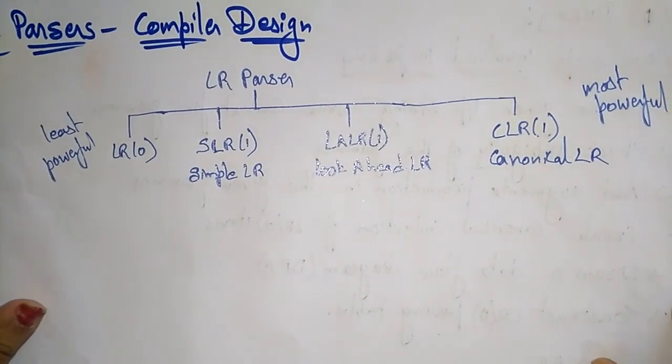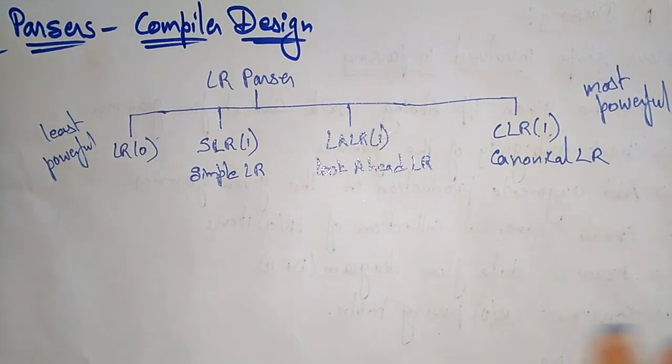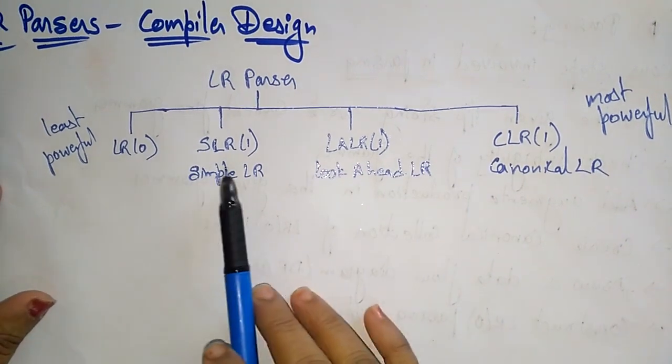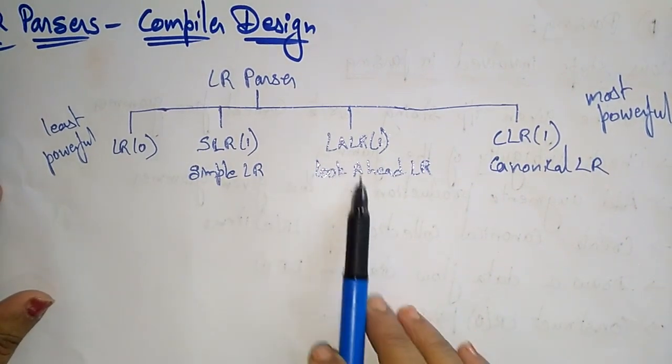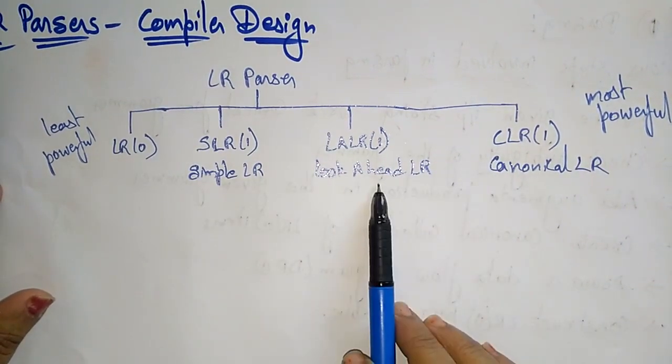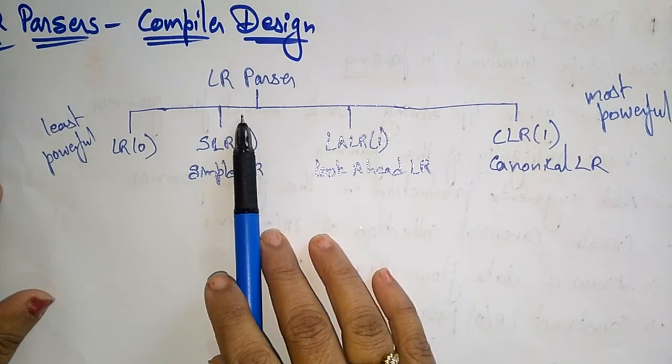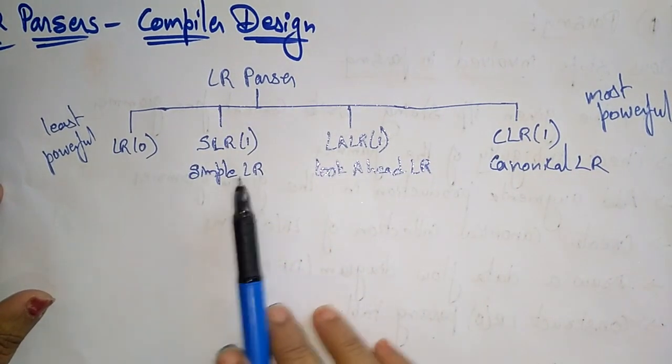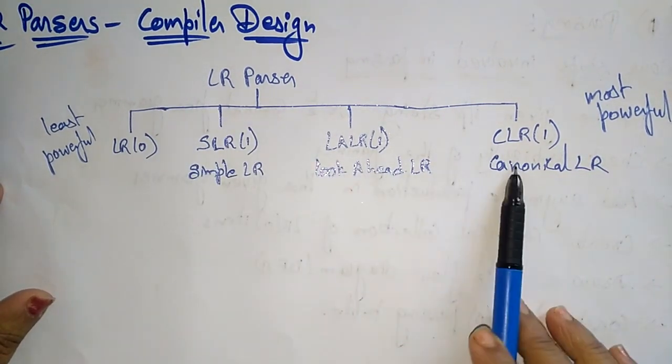LR parser again has different types available. Mainly three widely used algorithms are available for constructing the LR parser. Those are SLR, LALR, CLR. LR parser is divided into LR0, SLR, LALR, CLR.